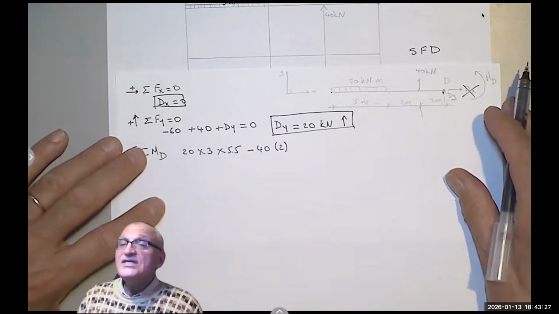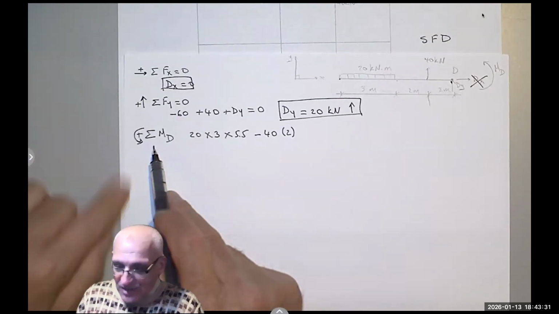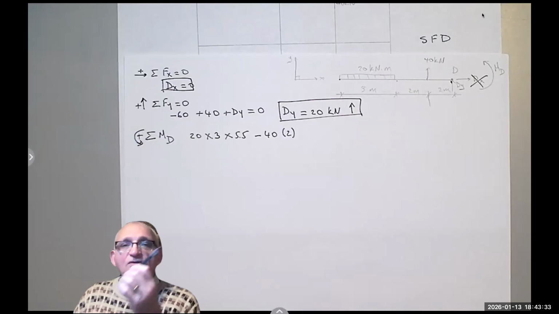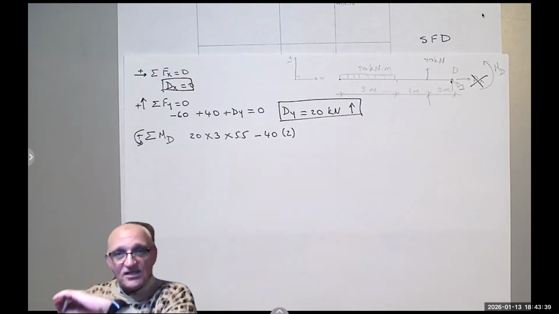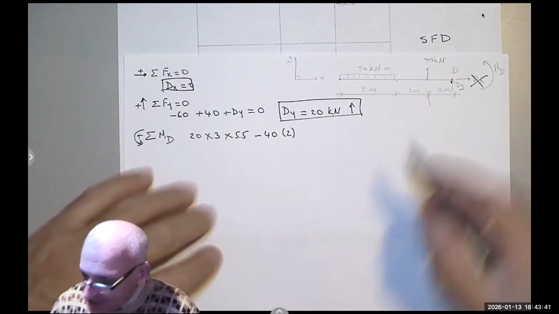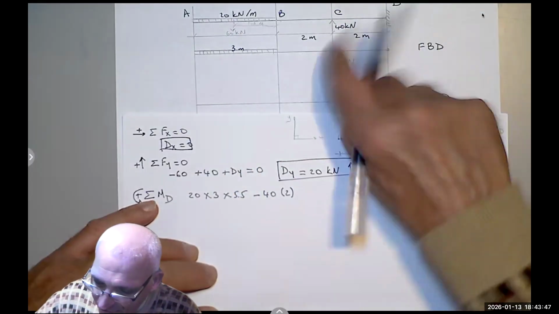I'm not calculating forces, I'm calculating moments. So you have to look at how the force is trying to rotate about D. If it's rotating counterclockwise, it would be positive. If it's rotating clockwise, it would be negative. And sure enough, the 60 going down is rotating counterclockwise about D, but the 40 is going clockwise, so it's negative.